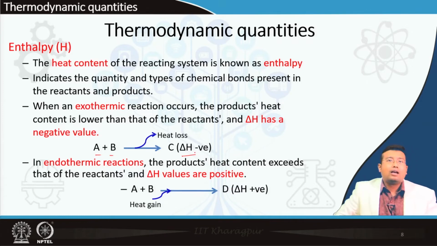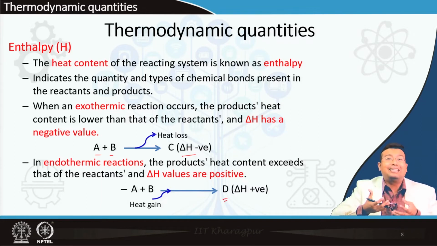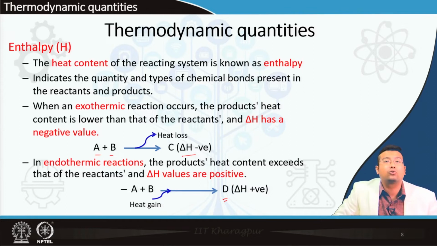On the contrary, in an endothermic reaction, there might be a situation where compound A and compound B are reacting to form compound D, and what's happening? Heat is gained, meaning it is gaining heat from the surroundings, and ultimately the reaction system becomes cool.